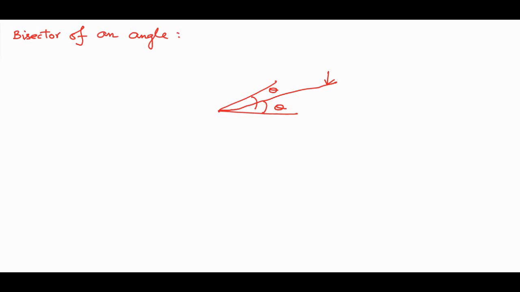Adjacent angle now. Adjacent angle means, suppose I am going to talk with this picture. These two angles are adjacent with each other. That means those two angles are situated at the left and right side of this common arm.